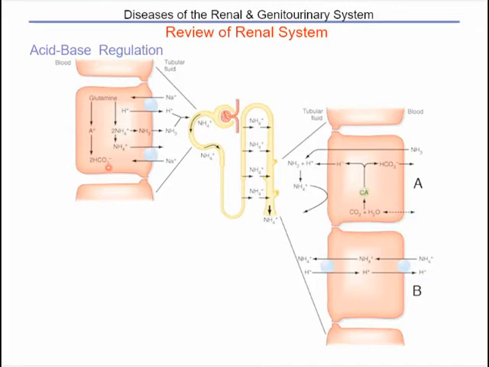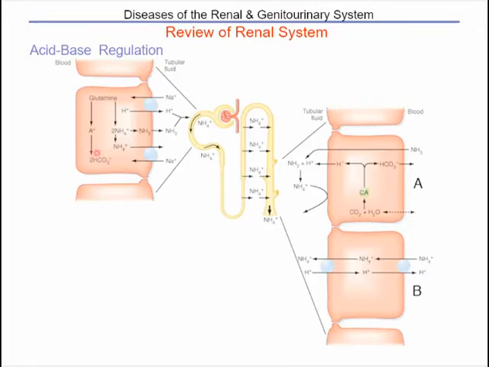So the importance of the ammonium ion remaining inside, being filtered in your tubular structures, is that it will be able to preserve the bicarbonate that has been produced by your glutamine metabolism.